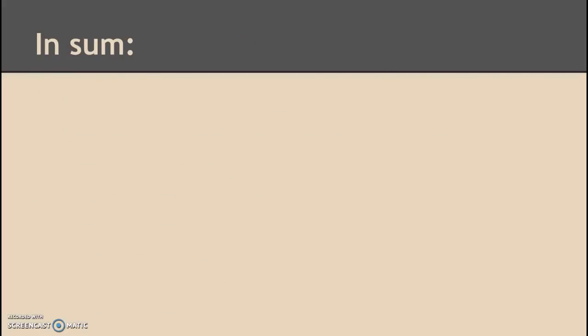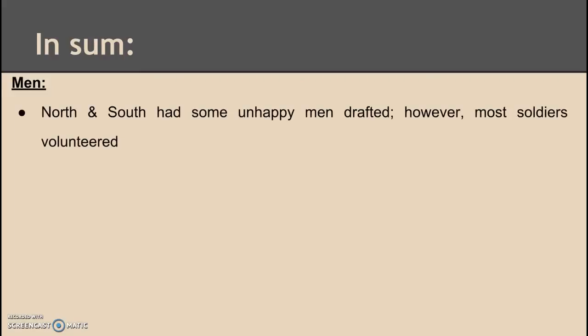So to conclude on production, while the North has some unhappy men drafted in the Army, and while the draft had some unfairness, most soldiers volunteered, 90%, and this was also the case for Southerners. The big Northern advantage, of course, came in the sheer numbers for, as noted, the North, with the manpower advantage of a little over 4-to-1.